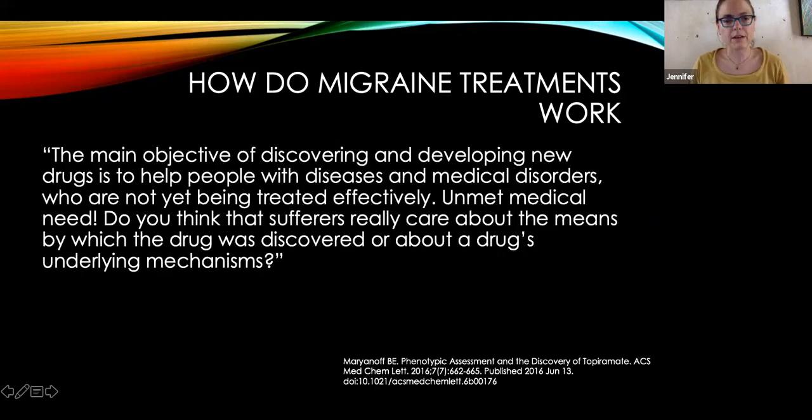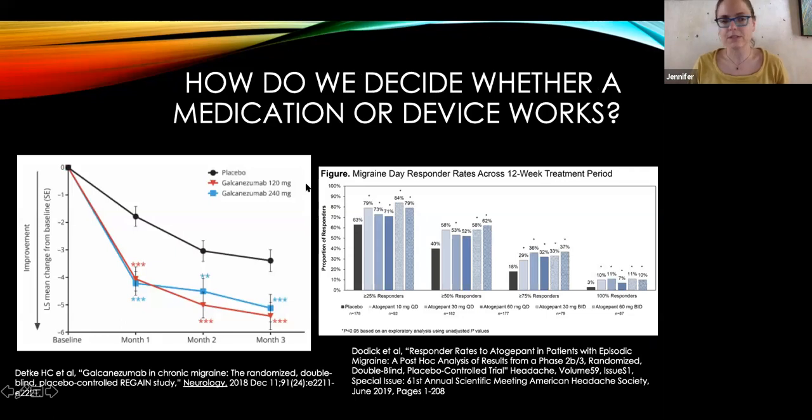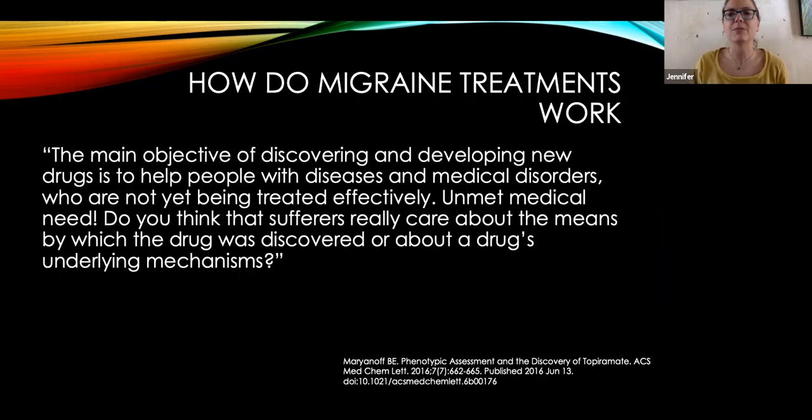But then what do you do about those medicines we discovered? Oh, sorry, another side thought here. We also have medicines. Here we go. So this is a quote from an article published by the main developer of topiramate, who worked for a drug company.